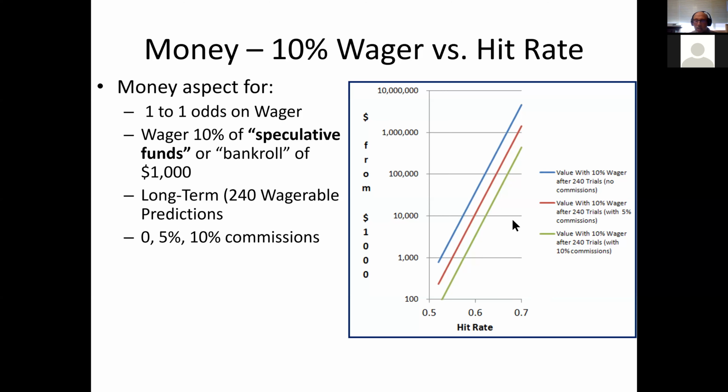And to the extent you become a Precog Pro and you get up here, notice 0.65 is not so bad. You make 10 times your money. So 0.65 is okay. It's harder to wager at 0.65, because you have 35%, a third of the time you're going to be wrong. And so you have to be really, really more careful how you do all that.